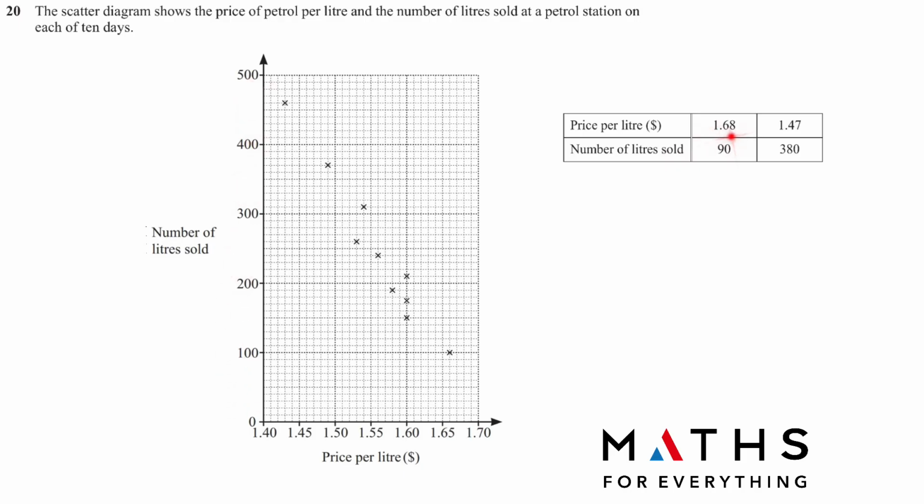The first one is 1.68. Look at the horizontal line. Each line represents 0.01. So this next line will be 1.61, 1.62. Here we have 1.65. So 1.66, 1.67, and 1.68.